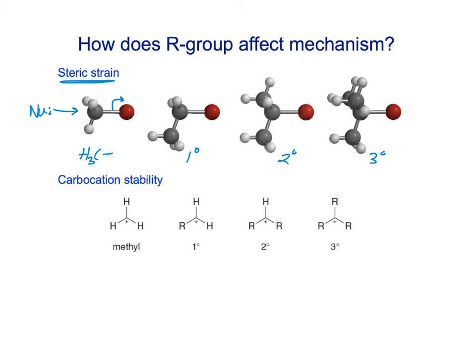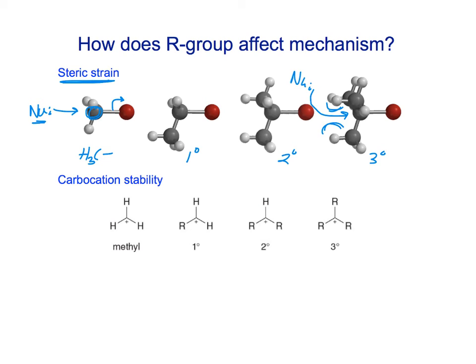So if we compare how this nucleophile has access to this carbon for a methyl halide compared to how that nucleophile has access to the carbon for the tertiary alkyl halide, we would notice that over here, this is starting to get very crowded, and it's difficult for the nucleophile to access the carbon to carry out the substitution reaction.